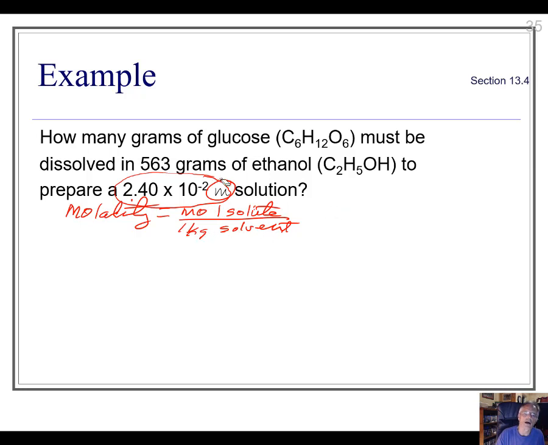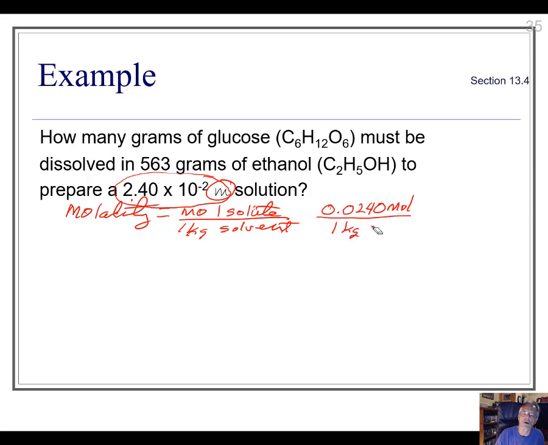I'm going to go ahead and use decimals here. This is going to be 0. And all we're doing is moving the decimal place 2 places to the left. So that's going to be 0.0240 moles of glucose, the C6H12O6, per 1 kilogram of ethanol.